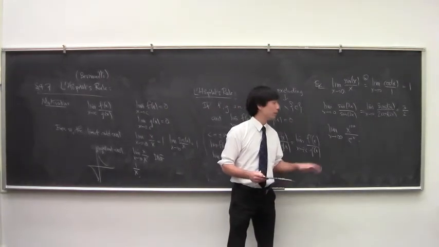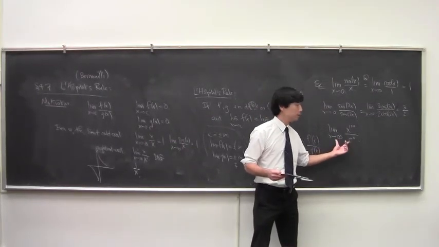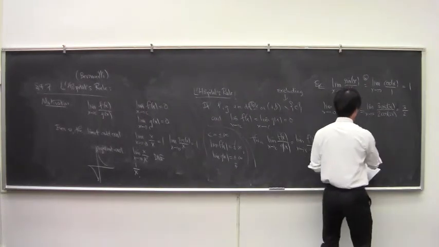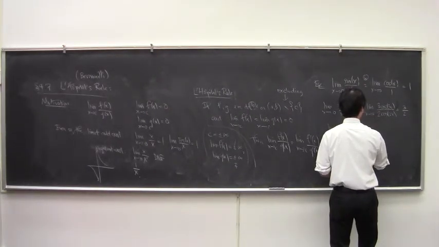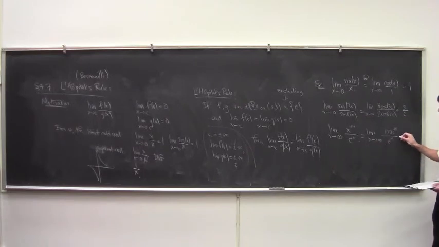Okay, we'll stop with this one, and we'll do more next time. So, what happens when you take the derivative of the top and the derivative of the bottom? Well, the top is going to give you 100 x to the 99 over e to the x, right? That's still going to be infinity over infinity as x goes to infinity. So we use L'Hopital's rule again.